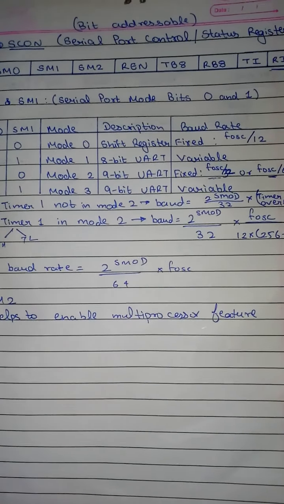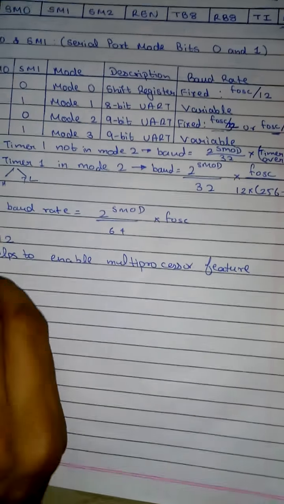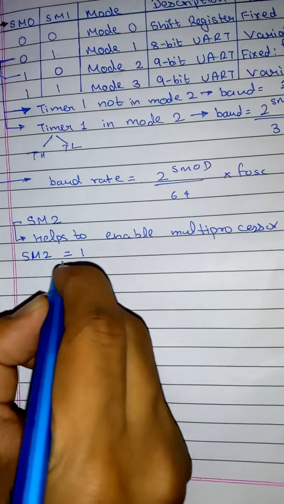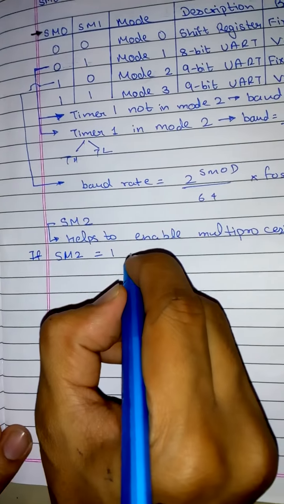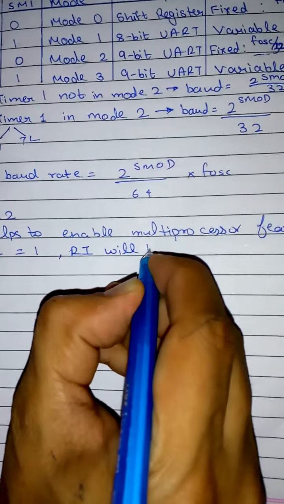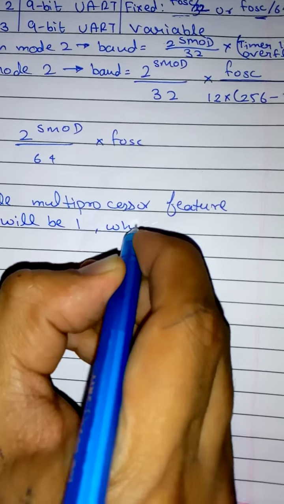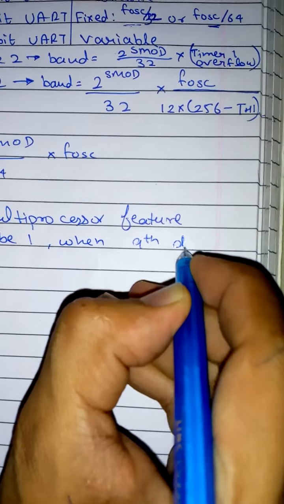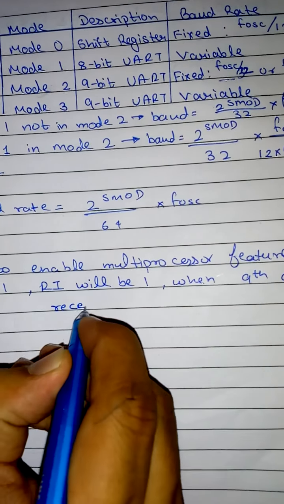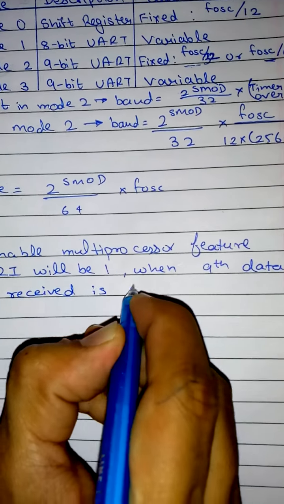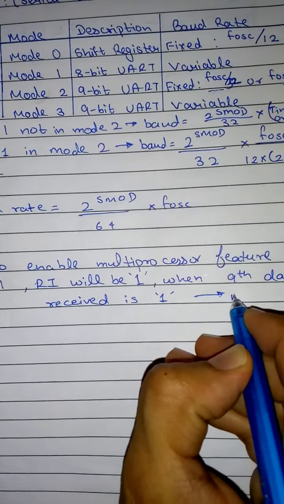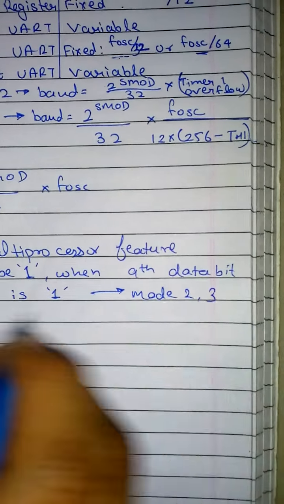I will write it down: SM2 equal to 1, then RI will be 1 when the 9th data bit received is 1. This was for mode 2 and 3.